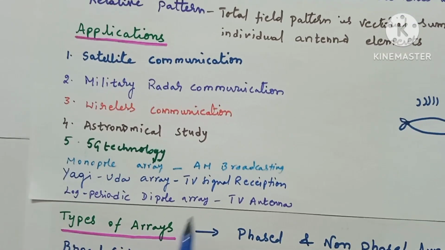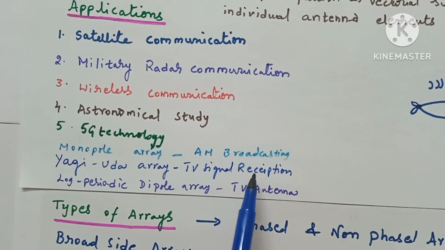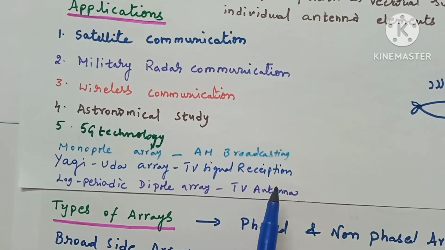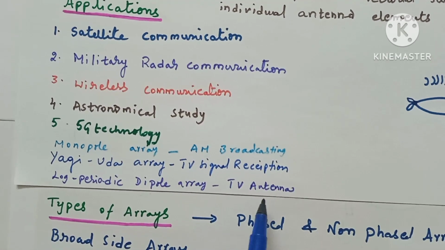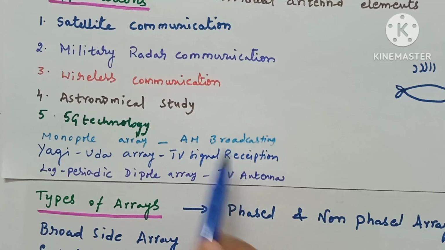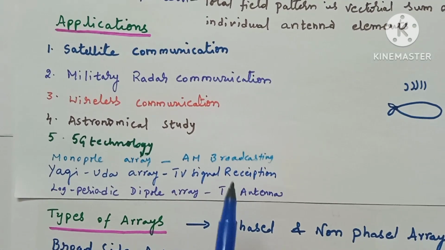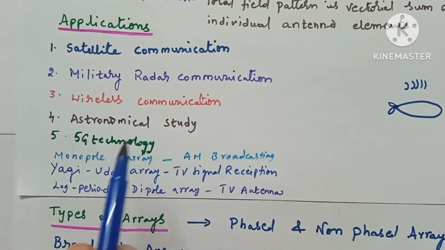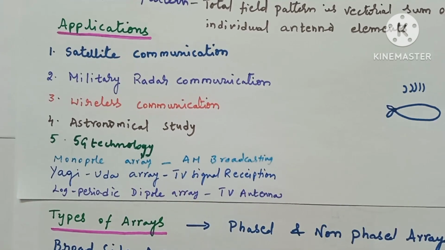Practically, I have given three examples. A monopole array is used for AM broadcasting, whereas a Yagi-Uda array is used for television signal reception. A log periodic dipole array is used as usual for TV antennas, right? These are just a few examples of antenna array applications, and these specifically use the antenna array concept for their outputs, right?